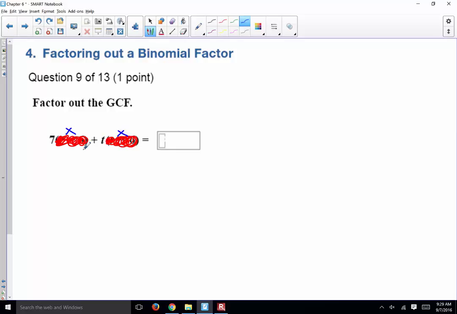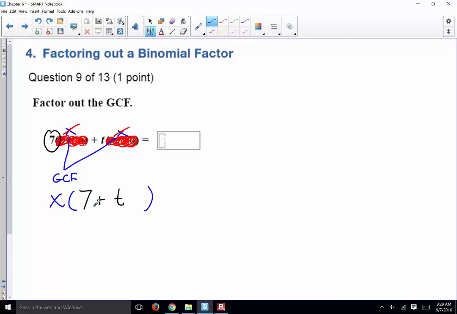What is common between 7x and tx? X, right? You would call out these x's, this is your GCF. And for the leftover items, once you take out from each family, these guys are gone. So each family lost one member. So we have 7 and t left. Correct?